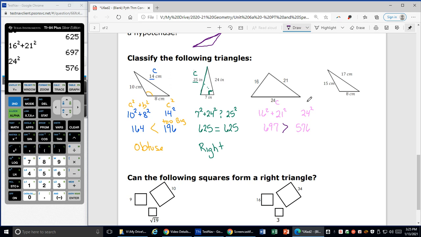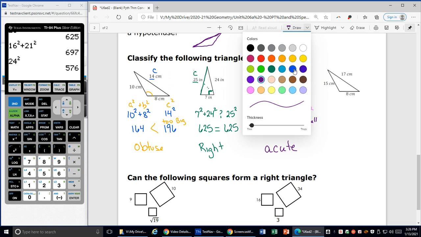So this side that's supposed to be my C, that's supposed to be my hypotenuse, this side is supposed to be 697, but it's too small. Which means this triangle is actually an acute triangle. Okay?